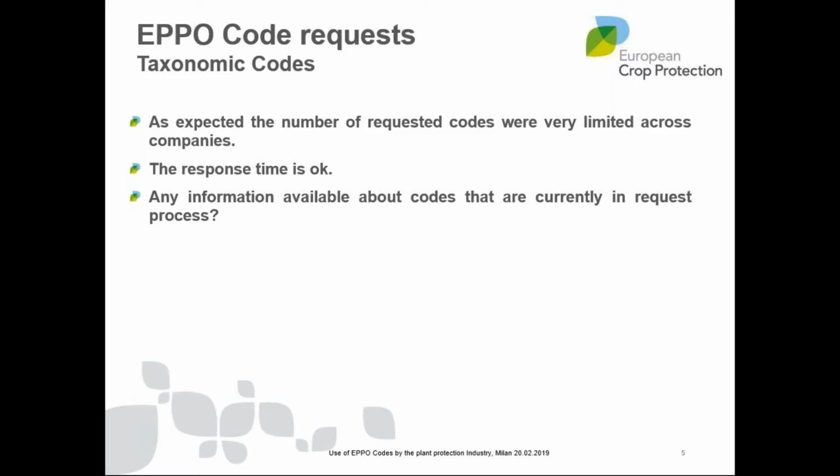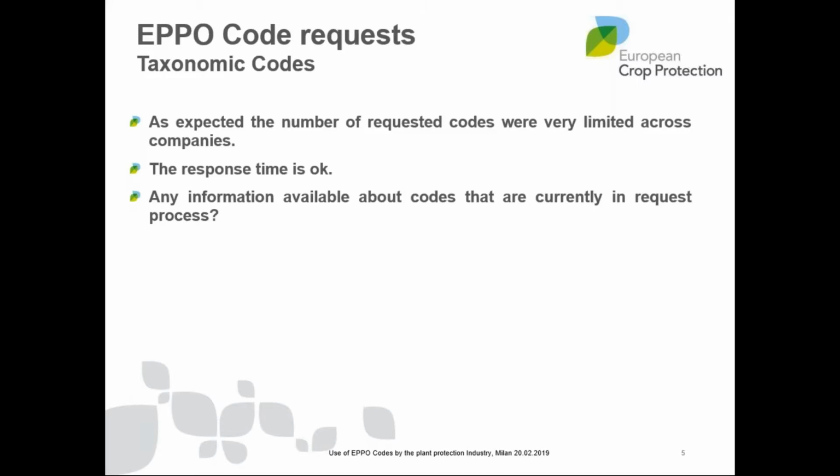However, there are so many codes already in the database that recently there were only very limited needs to ask for new codes. One thing I also wrote down here is sometimes it would be useful to know which requests are in the processing right now.